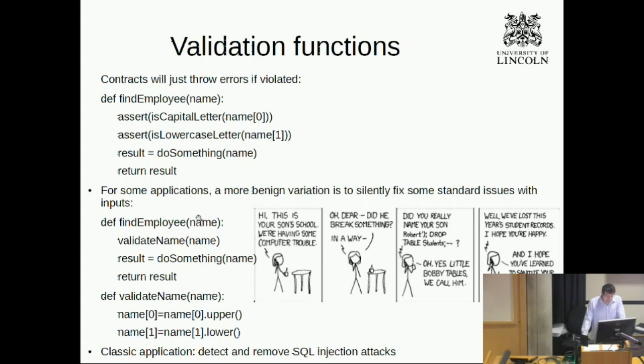So in database systems, you'll often find things like this. You'll see the name comes in and the name gets validated. And the validation function is going to try to ensure that the name meets the requirements of the contract. So for example, here we call validate on the name and it's going to actually enforce, it's going to make the first letter an uppercase letter and the second case a lowercase letter.